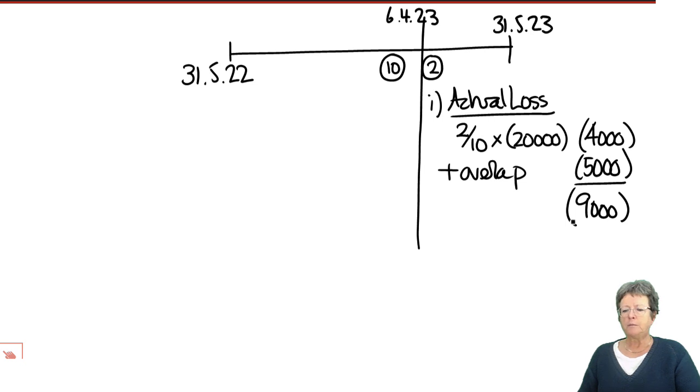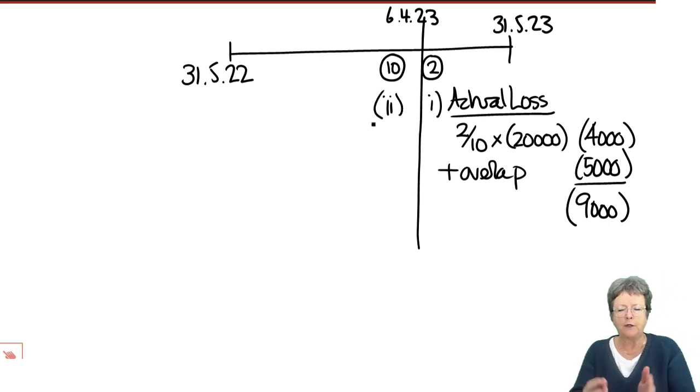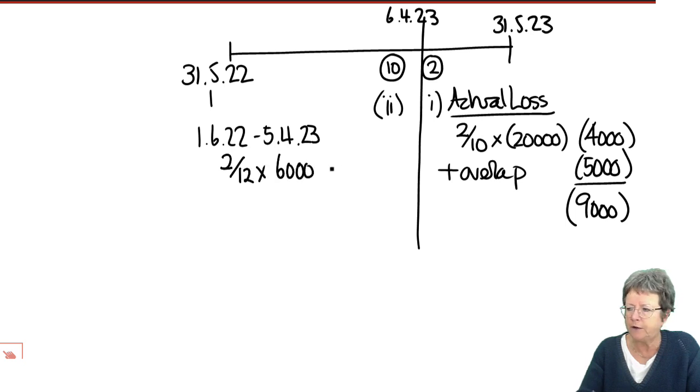Okay, so far? Now, the second part, we had to work out whether there was a profit or loss in that penultimate year. And that's the year from the 1st of the 6th, 22, to the 5th of the 4th, 23. So I have 2/12 of £6,000 worth of profits.